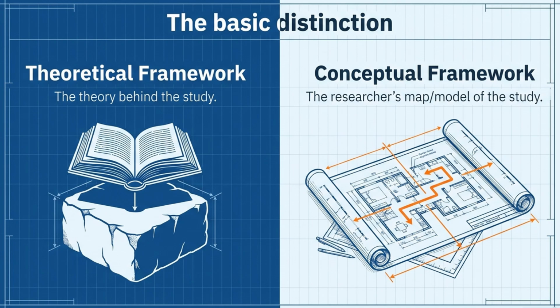It illustrates the relationship among the concepts or variables included in the study. In simple words, a theoretical framework tells us why a phenomenon occurs, whereas a conceptual framework shows how the variables or concepts in the study are related to one another.